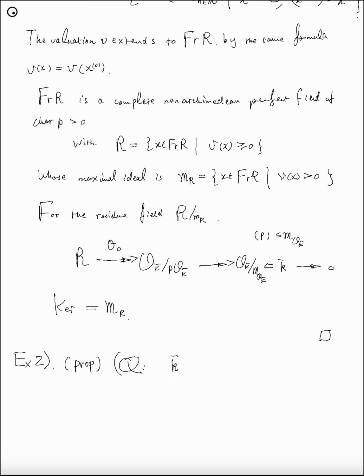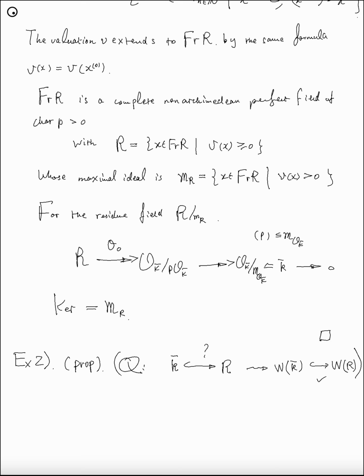Can you embed k bar into R? Is it possible? And then the Witt vectors W(k bar) embed into W(R). This is something, well, if you know, this is very commonly thought in many places, but to forget this question, let me just state this exercise and we prove it.